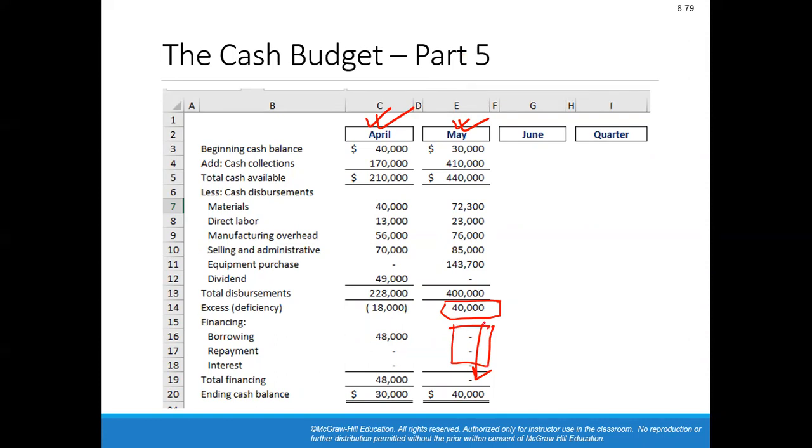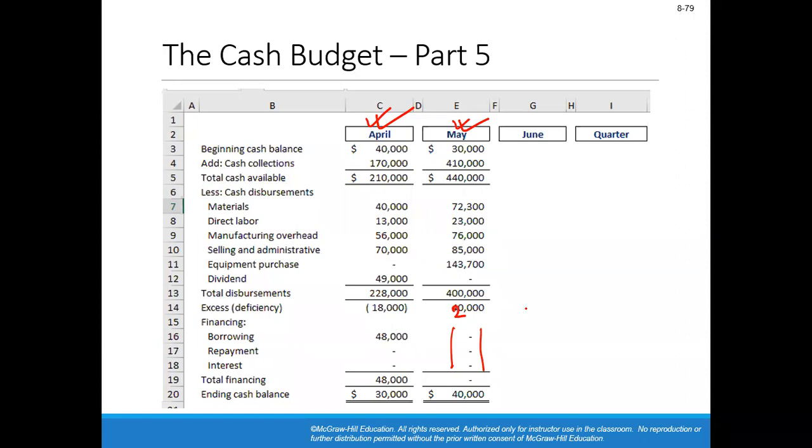No. Now, let me ask you, instead of having the 40,000 here, if the number is 20,000 here, should we make additional financing here? How much? If I have the 20,000 excess cash, should we make financing?